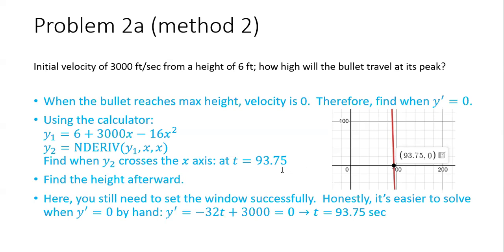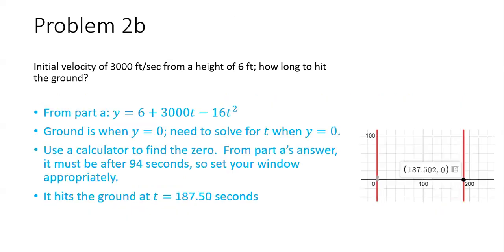We have to go for sure beyond 93.75. Maybe set it to 200 or 300, something like that. You'll probably see it, okay? So we graph y, we set our window properly, and then we see, oh, it crosses over here. So it is at t is 187.502 seconds. Okay.